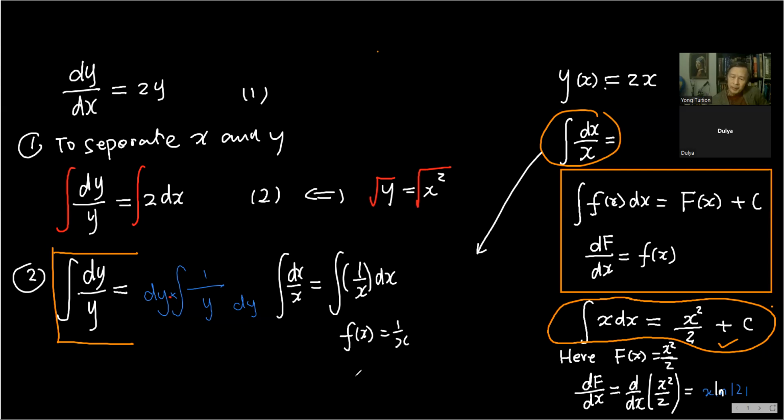Can you tell me which function has a first derivative equal to 1 over x? What is f? Can you work it out? You can check your formula list. Yes, the natural log. That's right.